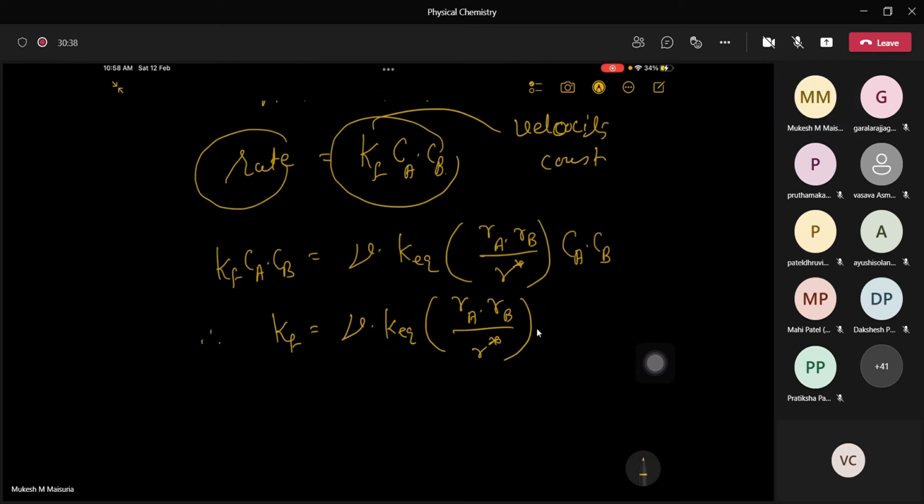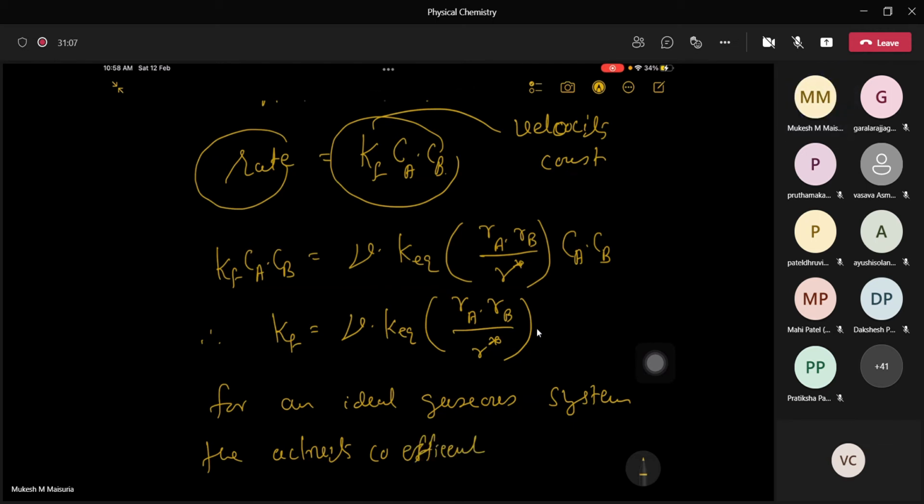Now, suppose we consider the ideal gaseous system. The activity coefficients for an ideal gaseous system are unity. Understand?